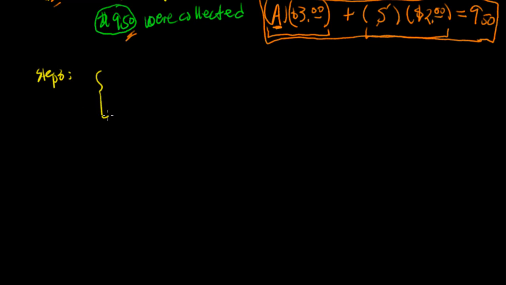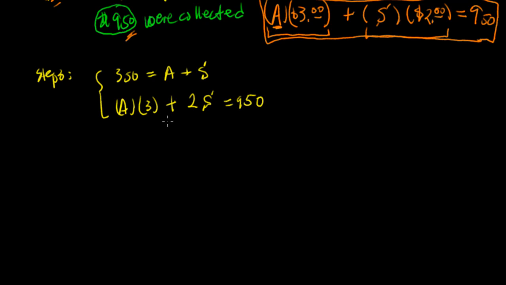So the two equations we have are 350 is equal to A plus S, and the second one, let me make this one look like S instead of 5, is A times 3. For the purpose of solving it, I'll just not write the dollar sign here. 3A plus 2S is equal to 950.